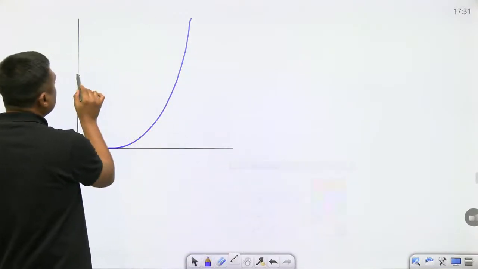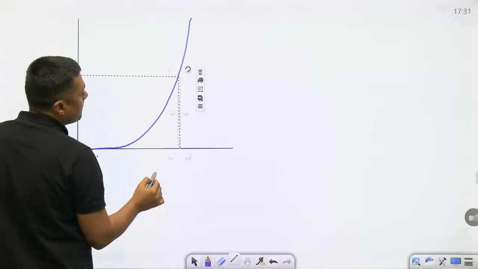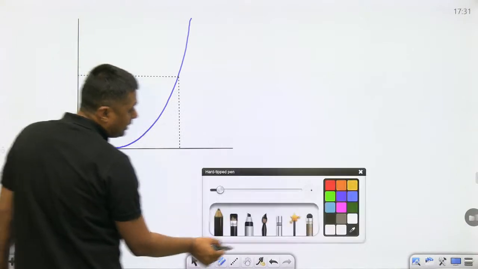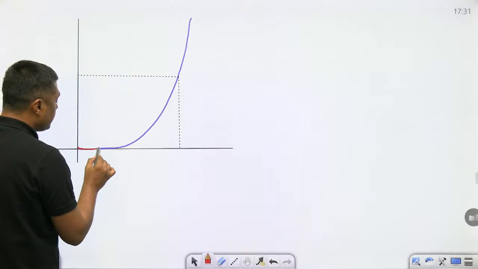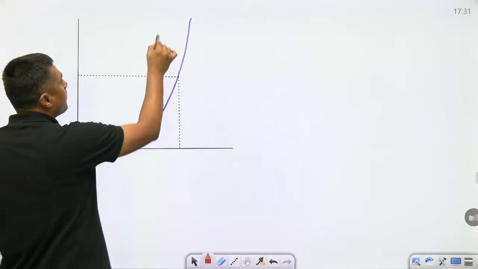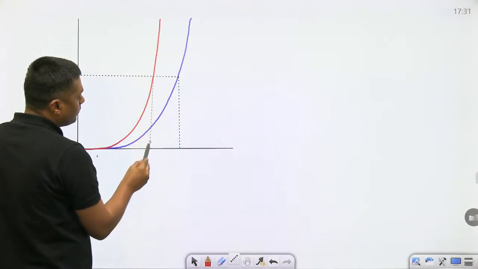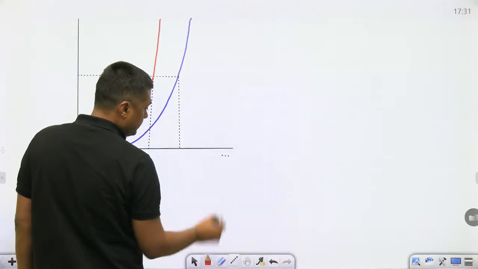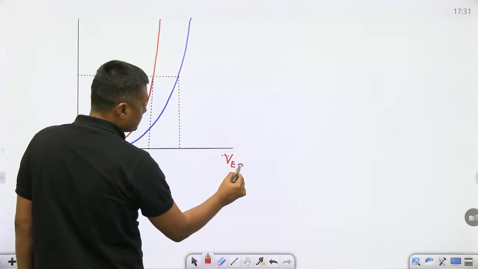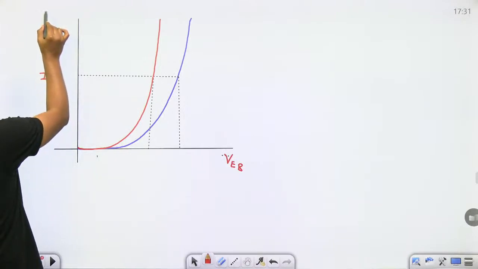We have no idea about the voltage. This is the 2 milliampere. That is the let voltage. Now, when we increase the temperature, the curve will shift. Now, for the same current, the drop across the diode will decrease. The drop across the diode will decrease, that is, for the same current.